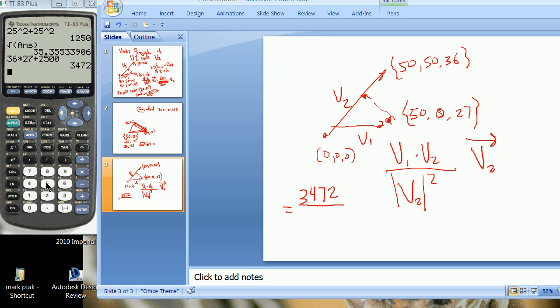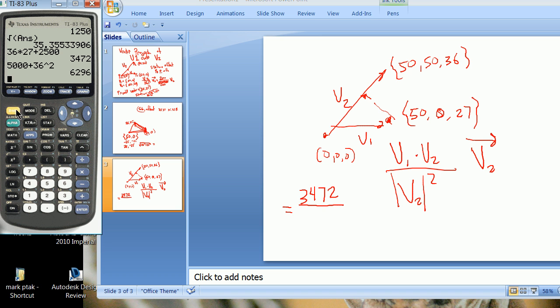So in other words, we have 5,000 plus 36 squared, and then we take the square root of the answer.